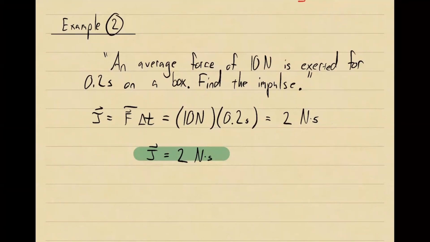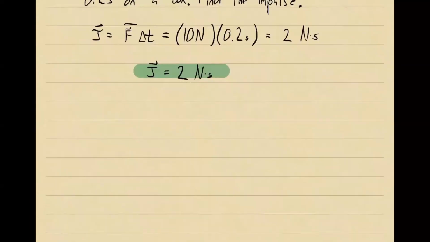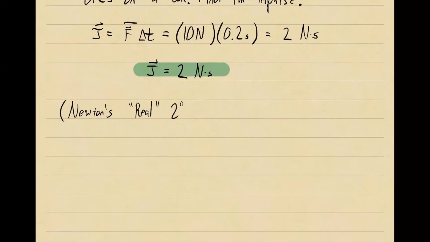So now I can tell you how I lied. Newton originally wrote his second law, saying that the net force acting on an object was equal to that object's change in linear momentum divided by the elapsed time. So I'll put in parentheses, Newton's real second law.